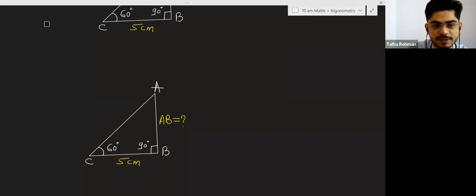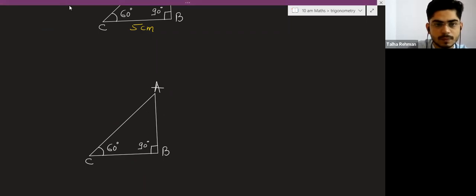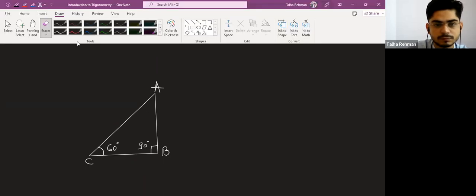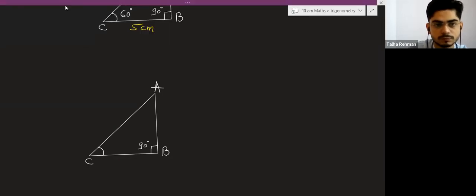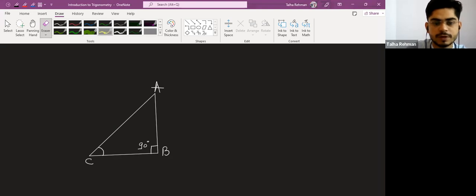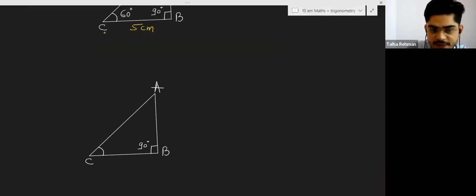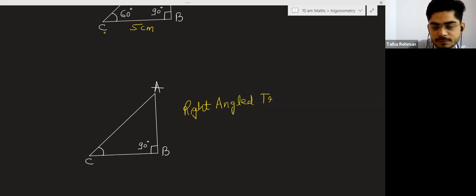So there are certain things that you have to remember in a triangle. This type of triangle is known as a right angled triangle.